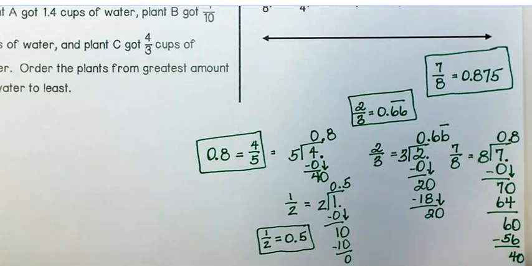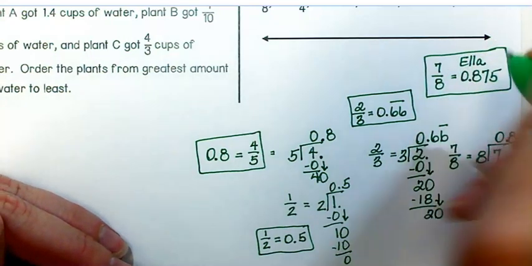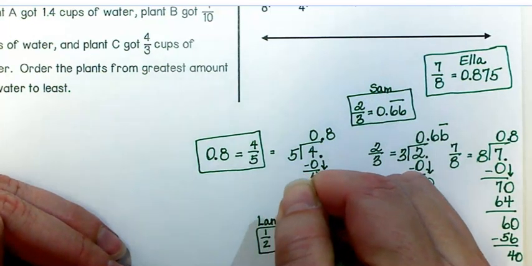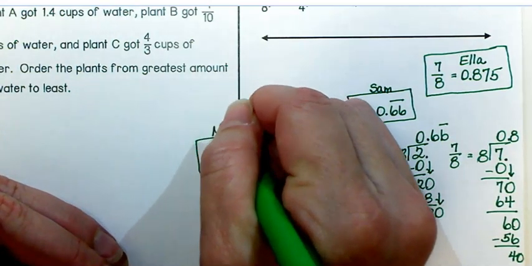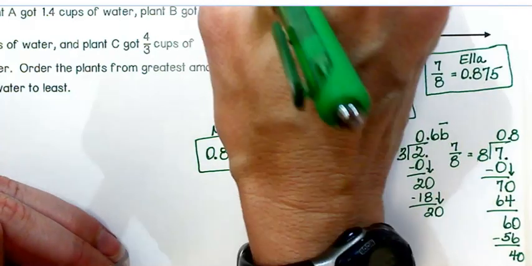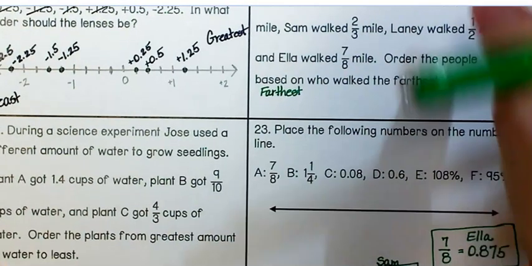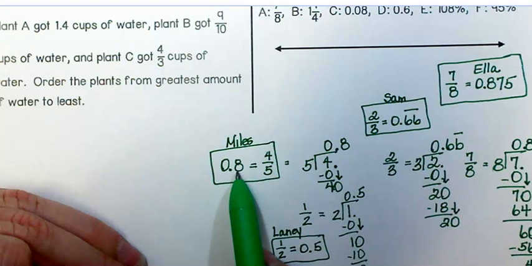Who walked the farthest? This is Ella's number. This is Sam. This is Lainey. And this is Miles. Order the people based on who walked the farthest. Well, 0.875 is bigger than 0.8, because if I put extra decimals, that would be just 0.800.